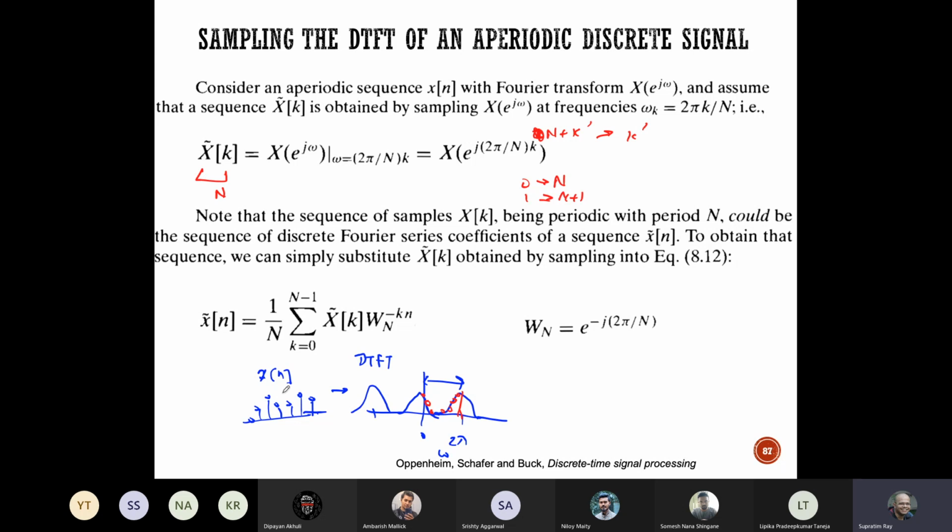Okay, so I have got x[n], I got the DTFT, I look at its samples, and I ask, what's the periodic signal x tilde n? This is periodic with a period of n, whose discrete Fourier series coefficients are these red dots.